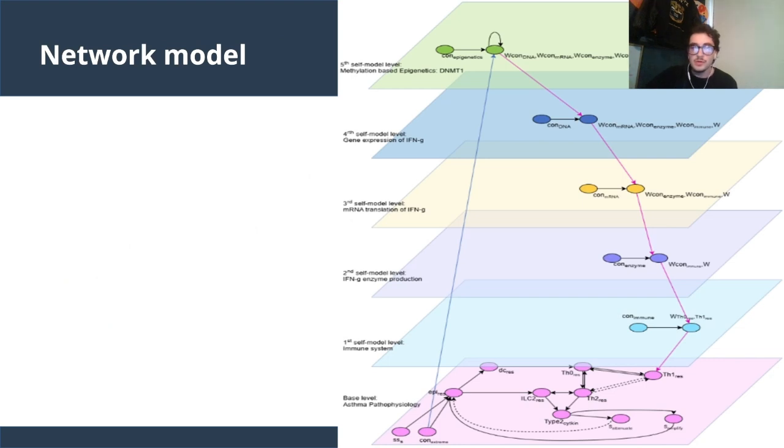Alright, so this is the network model. And as you can see here at the base level, this is the asthma pathophysiology. What happens here is this is the basic normal breathing state, and it has a direct connection. These arrows are positive if they're solid, and if they're dotted, it means that they have a negative effect on the other state.